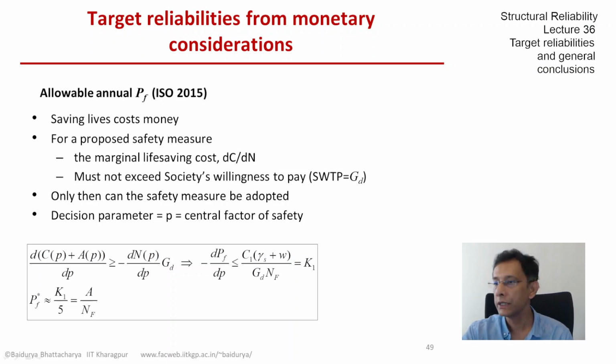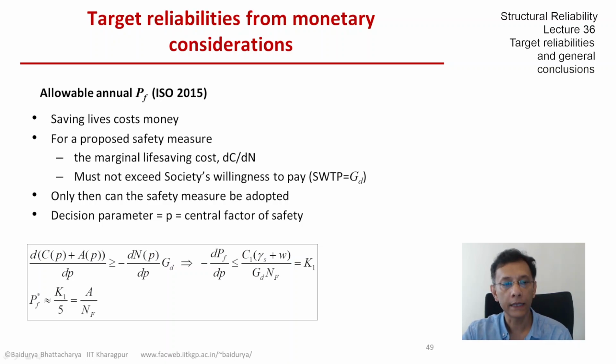What you see in the equation is that the marginal cost to increase the central factor of safety by 1 unit must be at least greater than the marginal amount that society is willing to pay. So the negative of delta n over delta p times g of d, which is society's willingness to pay.